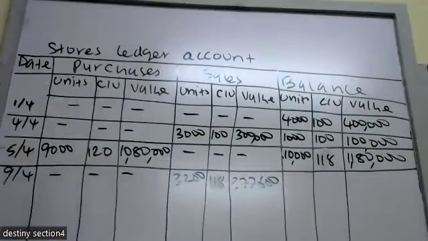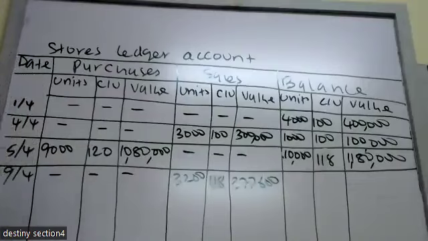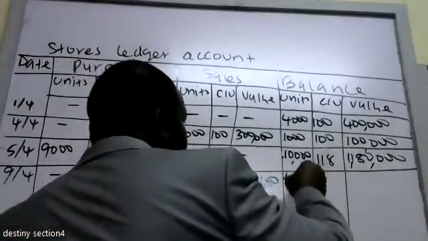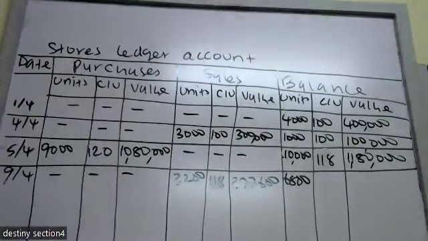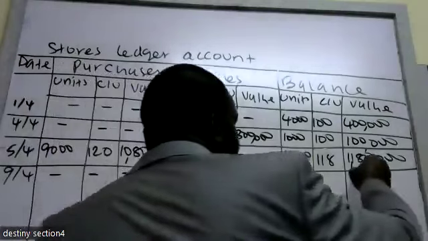So when it comes to the balances, you subtract because you have issued. You subtract 3,200 from the 10,000. That gives 6,800. Also subtract 377,600 from 1,180,000.